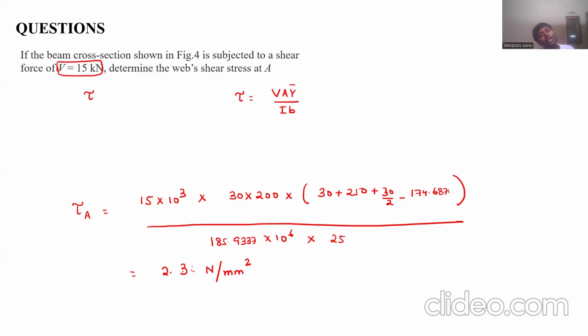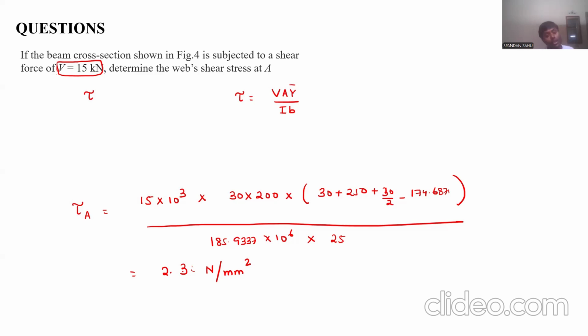So now you check the formula. V can't be zero, I can't be zero, and B can't be zero by any means for any case. So A and Y bar combinedly you can make zero. So basically where the shaded area will be zero, there only your shear stresses will be zero.